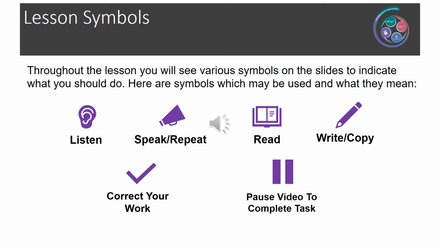The third icon is asking you to read the information that's on the screen in front of you. This may be going along with the listen icon. The fourth symbol that you see is asking you to write or copy the information that will be on the screen. The fifth symbol that you see is asking you to correct your work. And the final symbol that you see is asking you to pause the video to allow you to complete whatever task it is that's on the screen in front of you.